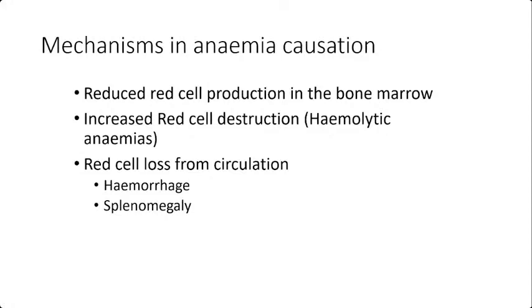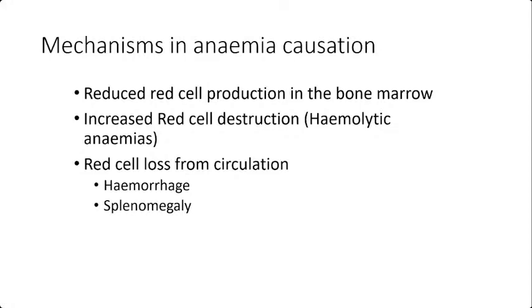So when we look at the mechanisms of anemia causation, if we remind ourselves, anemia either comes about as a reduction in red cell production in the marrow, or increased red cell destruction, and those are the hemolytic anemias, or you have red cell loss from circulation, as you may find in hemorrhage or splenomegaly.